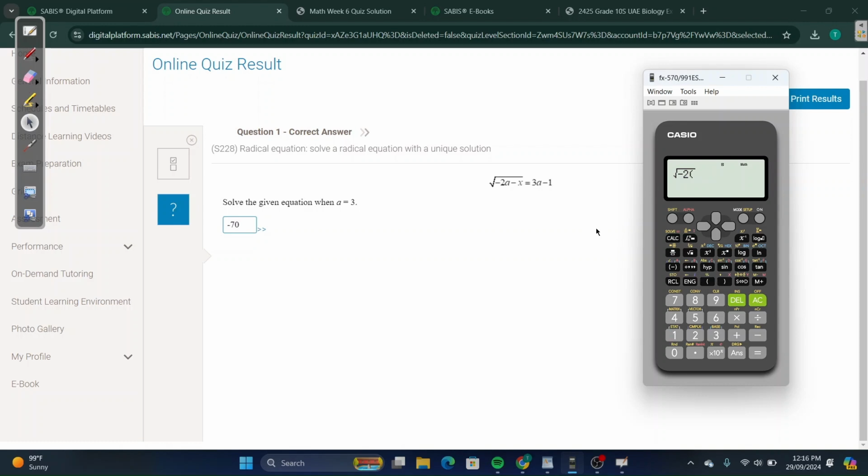When a equals 3, so negative 2 bracket 3 minus x, you press this arrow to get out of the root, equals 3a, which in this case is 3 times 3 minus 1. So then shift calc equals, and you're going to get x equals negative 17.